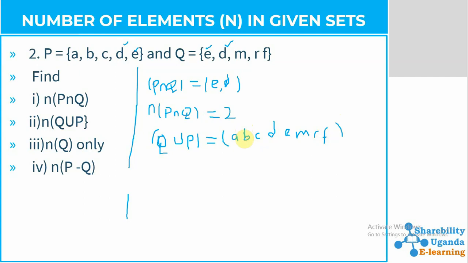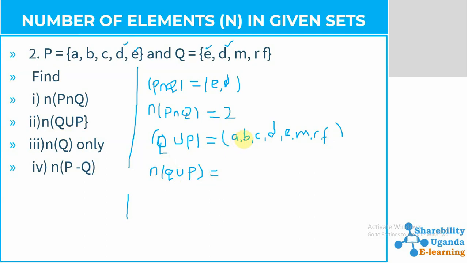So that means what we have to do now is to find out how many they are, and that is the number of Q union P. So here we just need to count how many they are.